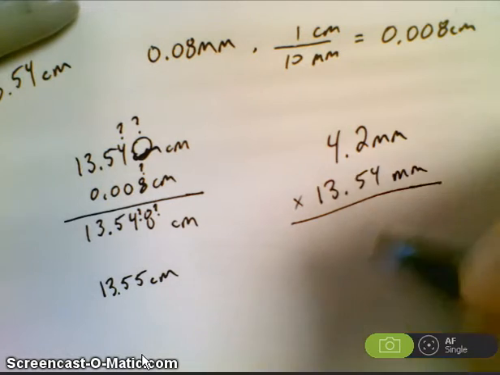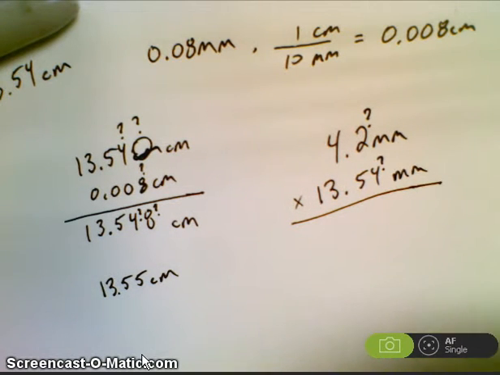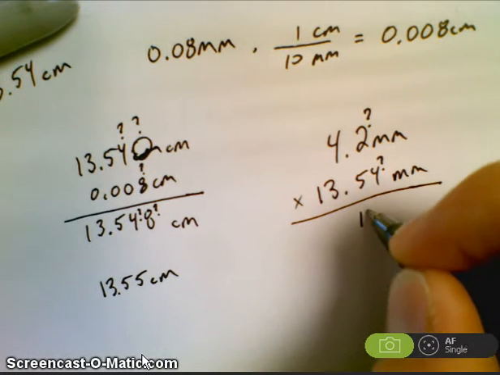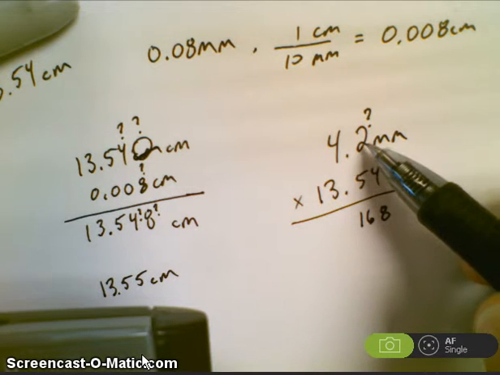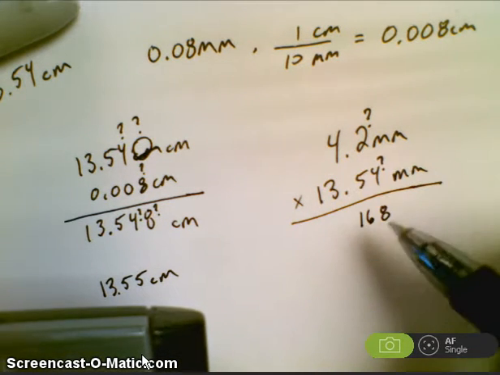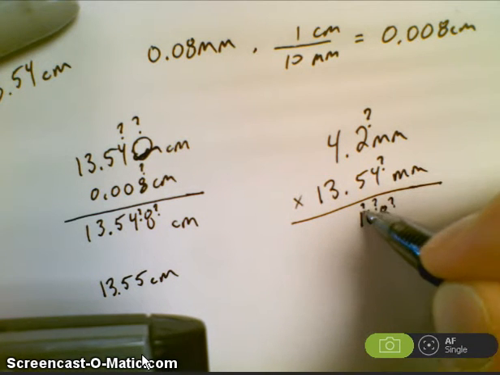Remember where our uncertainty is. Uncertainty is in the 2 and it's in the 4. So if I multiply 4 times 4.2, I get these numbers. So 4 times 2, 4 times 4. And since this 4 is uncertain, all these numbers have uncertainty.